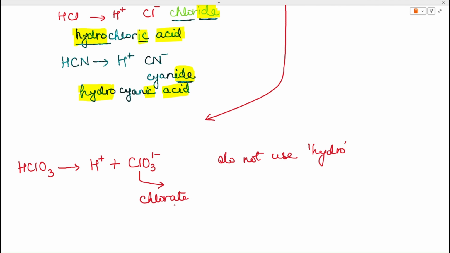And because this is coming from chlorate, we just need to replace this ate with ic, and it is chloric, and we have to add acid in the end. So this acid is chloric acid. Remember, we are just not putting hydro in the front. So no hydro, and this is chloric acid.